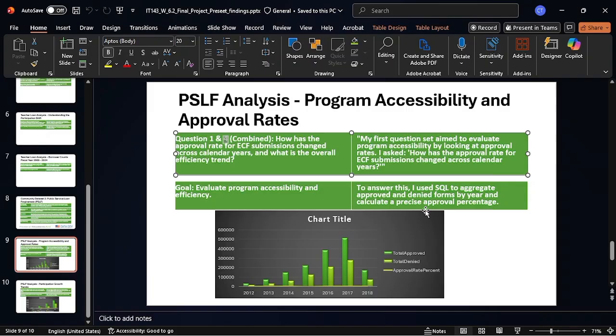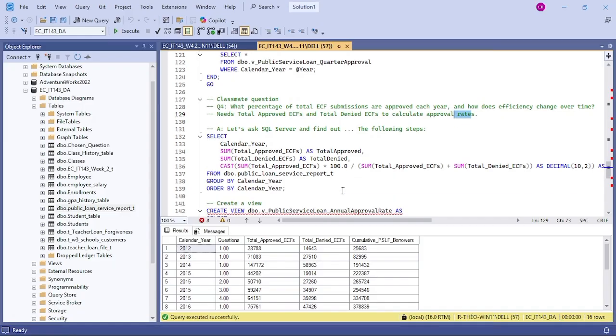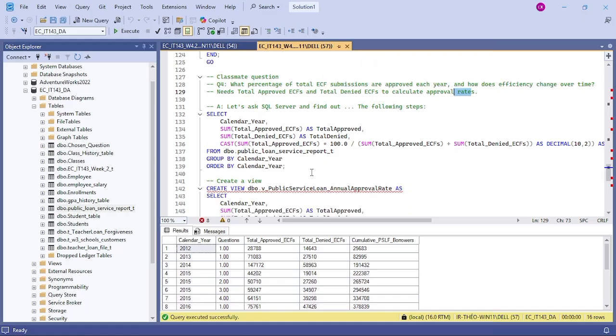To answer this question, I use SQL to aggregate approved and deemed forms by year and calculate a precise approval percentage. And this is our code. I grouped by calendar year and used the sum aggregate function to combine quarterly numbers. The cast function ensures my calculation is formatted correctly as a decimal percentage.